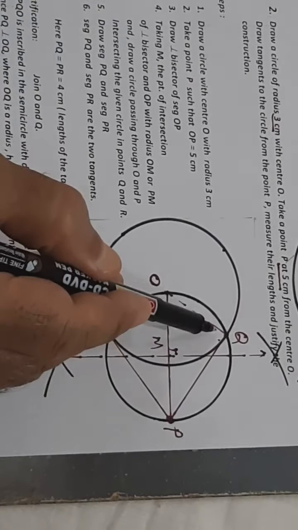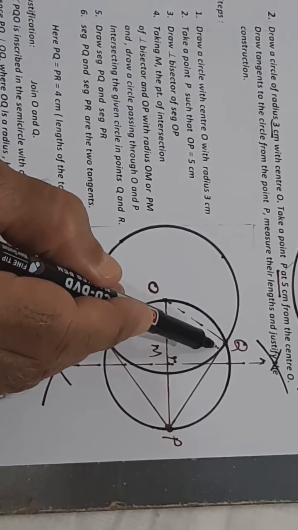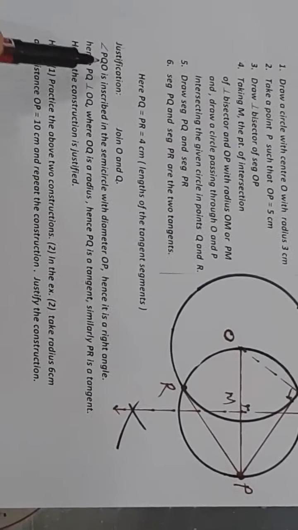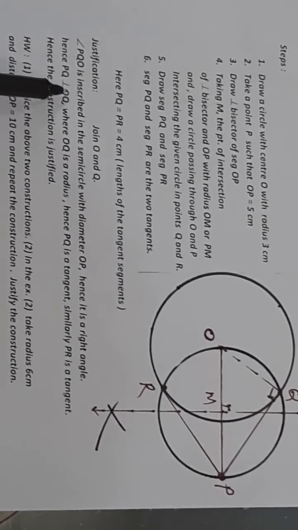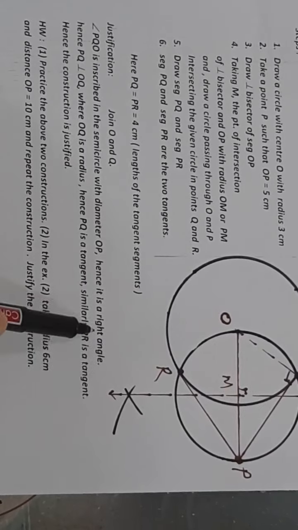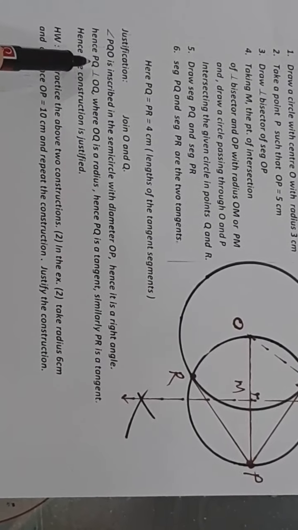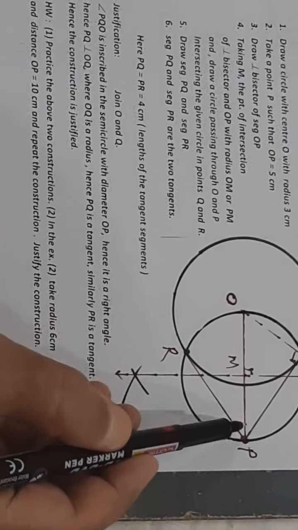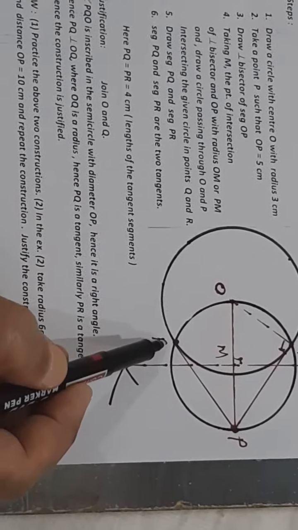Now as the angle inscribed in a semicircle is 90 degrees, see here justification. Angle PQO is inscribed in the semicircle with the diameter OP. Hence it is a right angle. Hence PQ is perpendicular to OQ. Hence PQ is a tangent. Similarly, we can show that PR is also tangent.